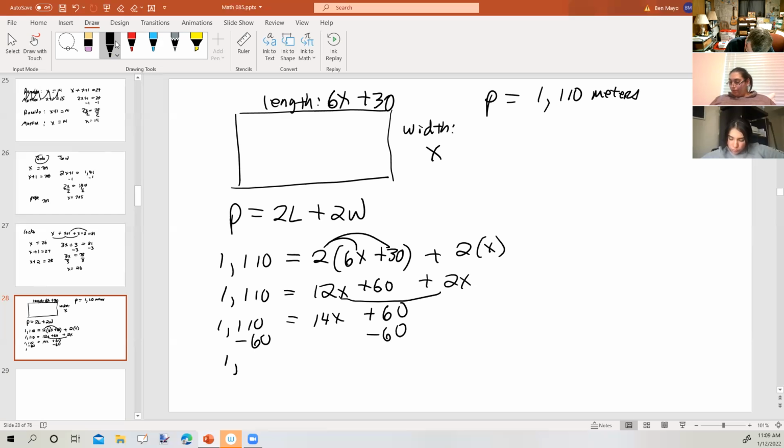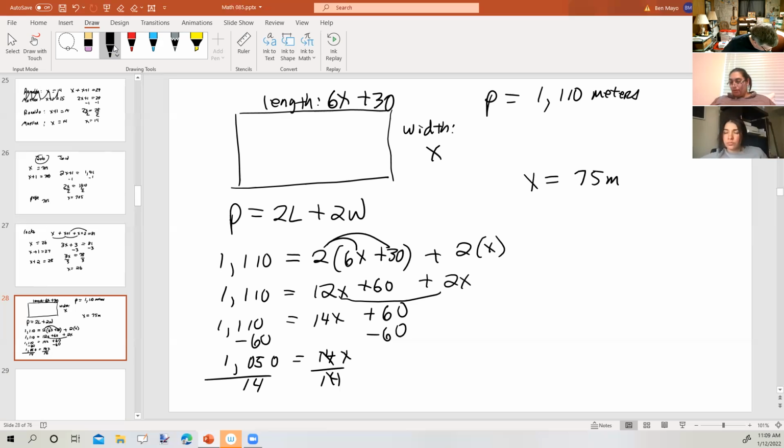So 1,050 equals 14X. 1,110 minus 60. Divide both sides by 14. 1,050 divided by 14 comes out to 75, and that's 75 meters.